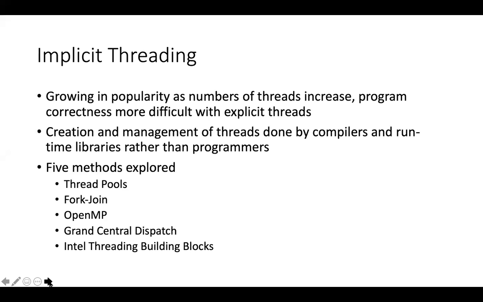So it's some kind of ability of the operating system to help with program correctness. There are five methods explored under implicit threading: thread pools, fork-join, OpenMP, Grand Central Dispatch, and Intel Threading Building Blocks. This is just so we understand, but we'll not go into detail of those five methods.